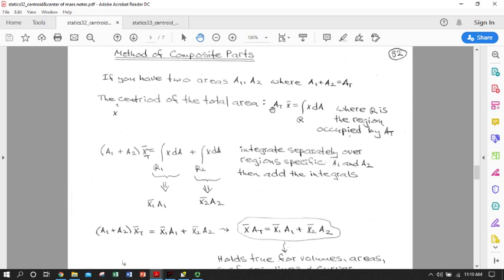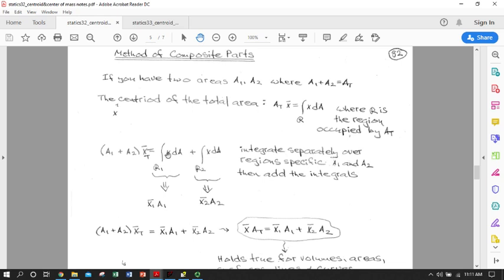Okay, well, if A total is equal to A1 plus A2, we can write the left-hand side of our centroid expression as the centroid of the total area multiplying, rather than A total, we can just say A1 plus A2. Then we can use a property of integrals that says the integral of the sum is equal to the sum of the integrals.